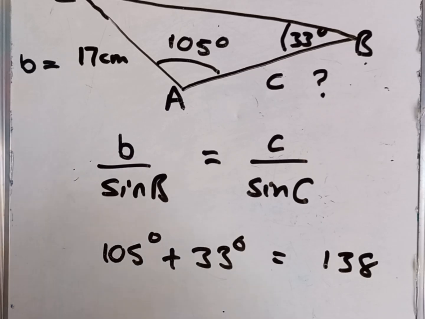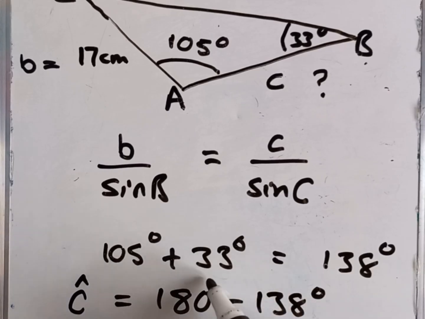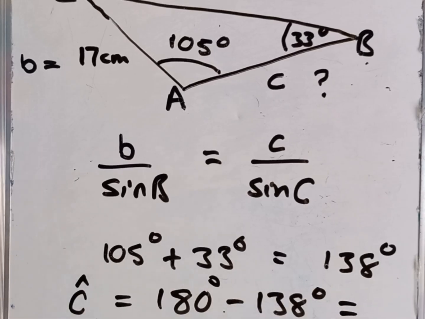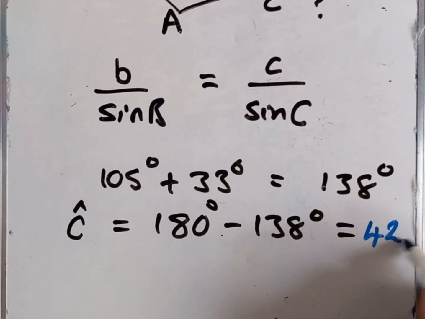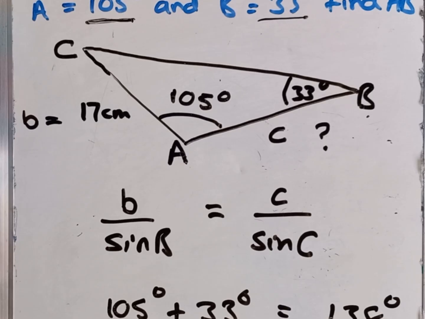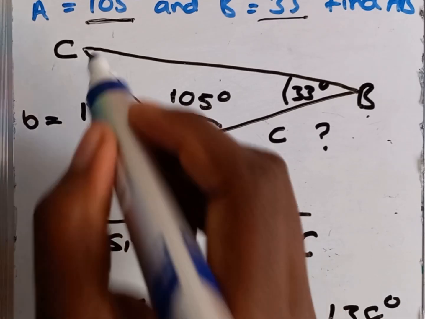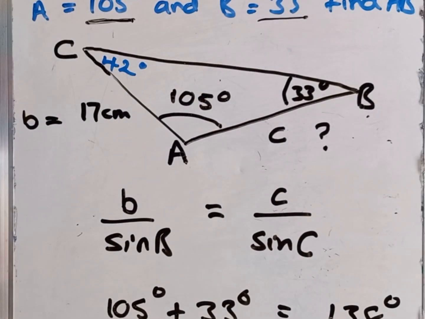Now to get our angle C, we say 180 subtract 138 degrees, and we get 42 degrees. So 42 degrees is the value of our angle C. We go back to our diagram and plug in our value, which is 42 degrees.